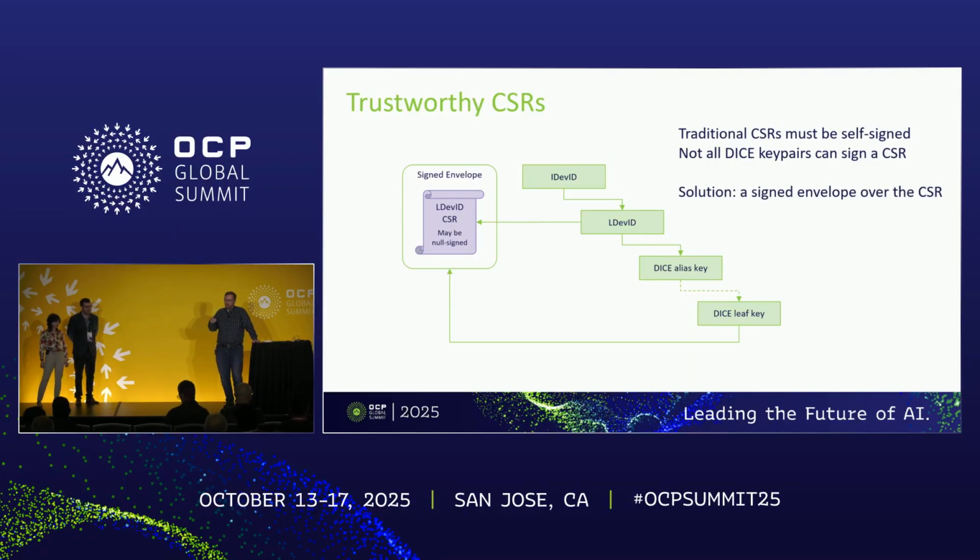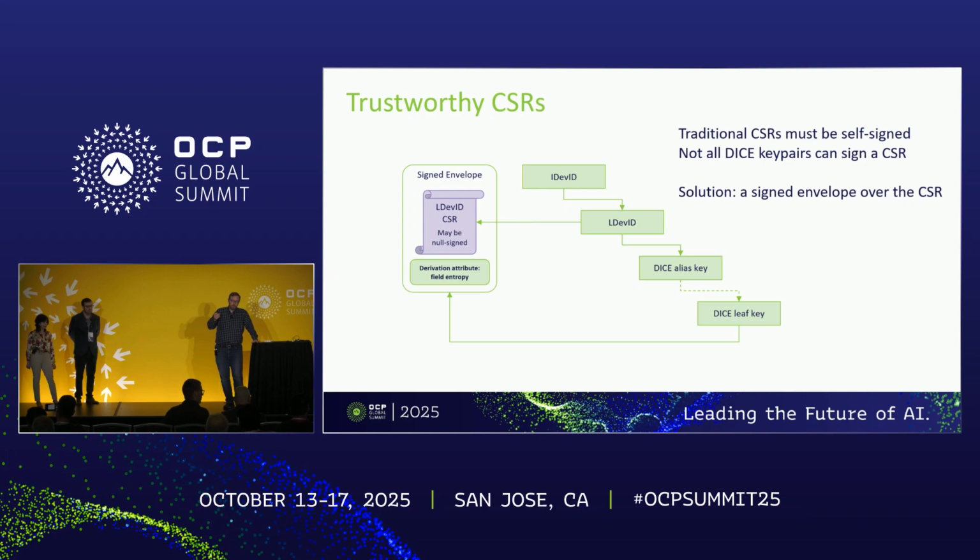So the solution which we are coming to is defining a signed envelope, a standard conveyance format for a CSR. It might or might not be self-signed. It doesn't matter because it's envelope signed by a key that we can wield at runtime. It provides evidence of which key or which device emitted that CSR.